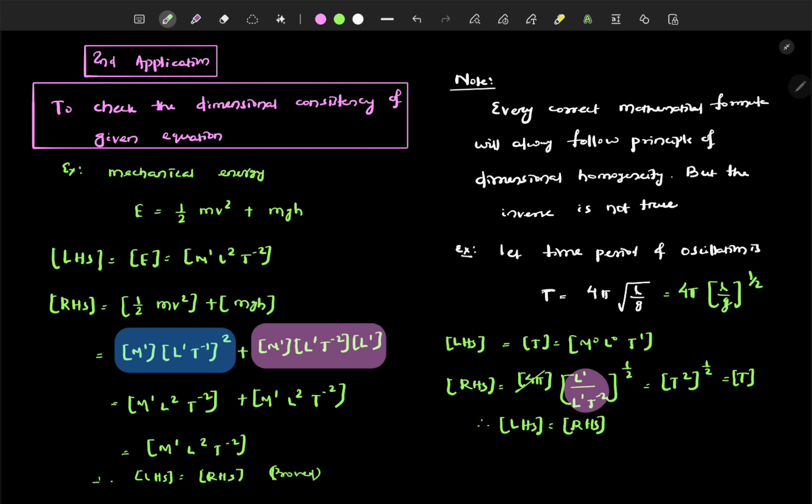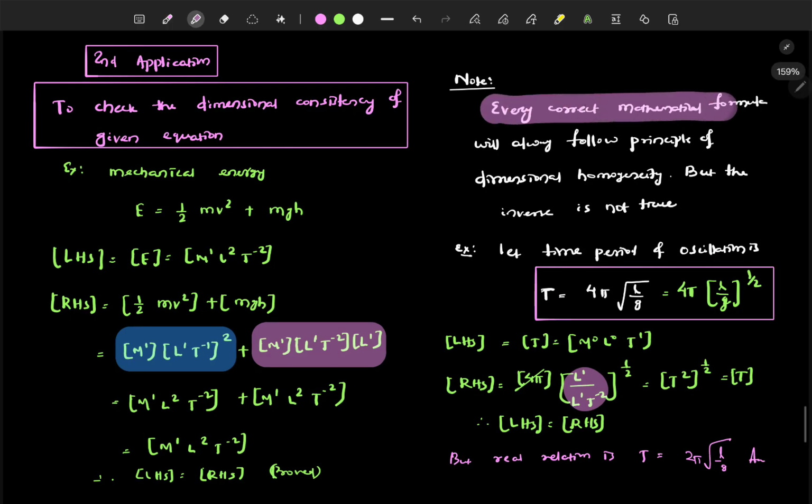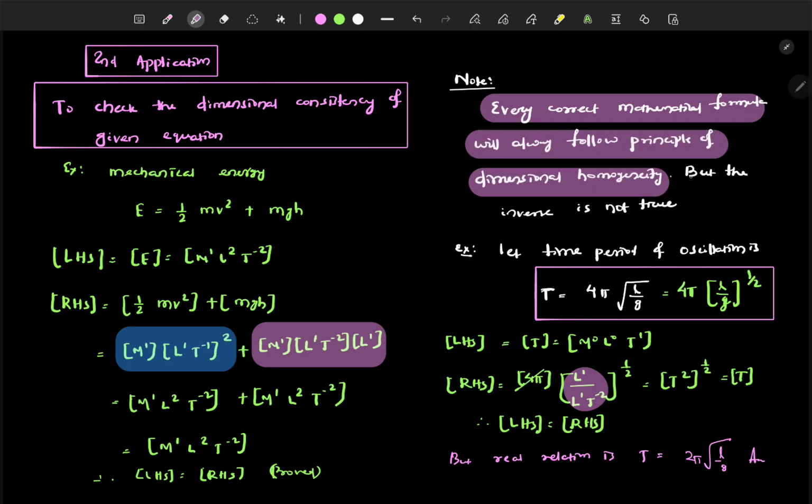Yes, but this is not the correct relation. The real relation is T equal to 2π root over L by G. So every correct mathematical formula will always follow the principle of dimensional homogeneity, but the inverse is not true.